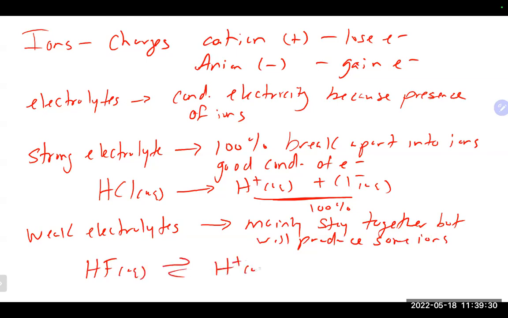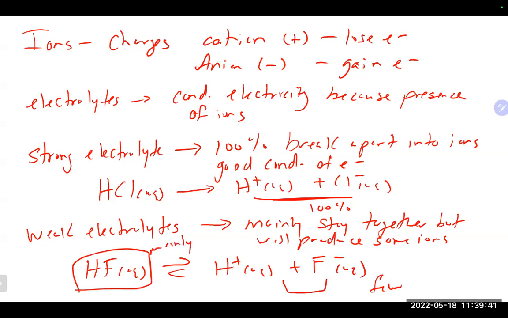In solution, it will produce a few of these ions, but will mainly stay together. So it's still able to conduct electricity because it does produce a few ions, but nowhere near what a strong electrolyte does. And then we have non-electrolytes, which will dissolve in solution but will not produce any ions. Since they don't produce ions, they will not conduct electricity.